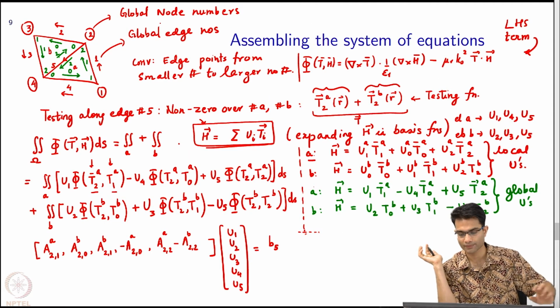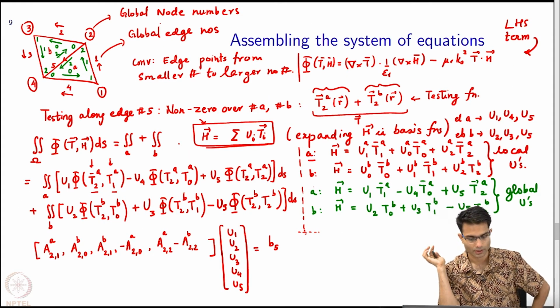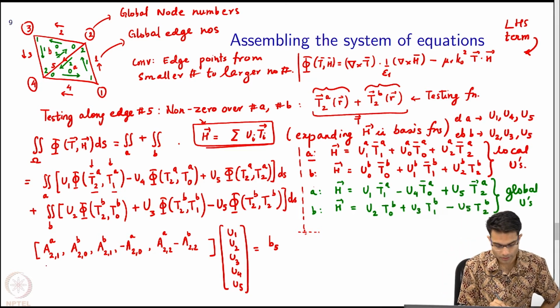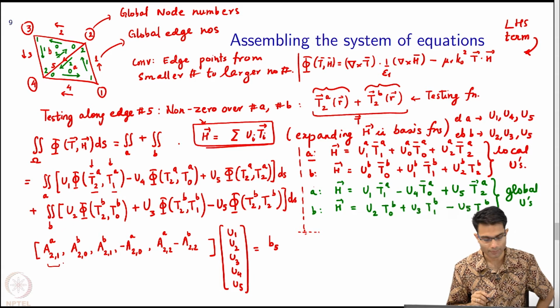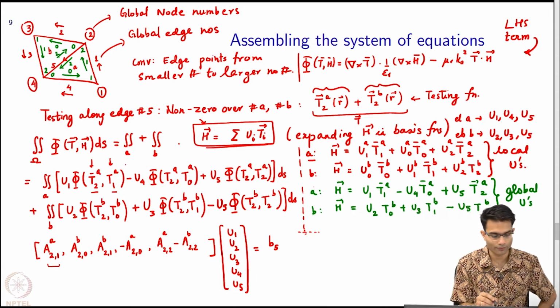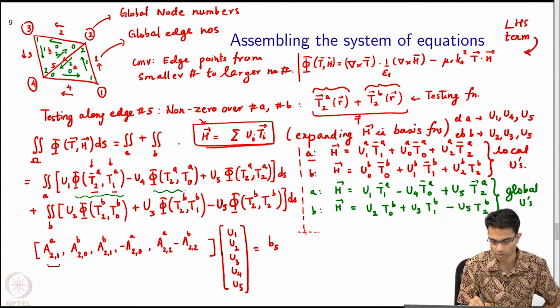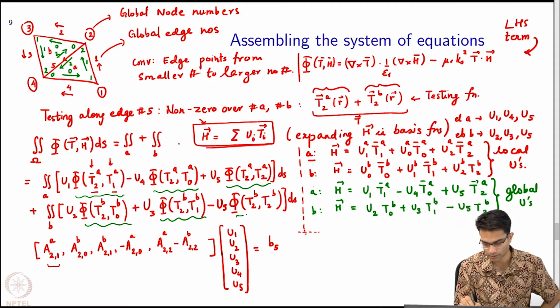Here is where we discuss the assembly of equations, you are all familiar with this. You notice that your matrix elements over here, these capital A's, consist of these kinds of terms, the terms underlined in green.